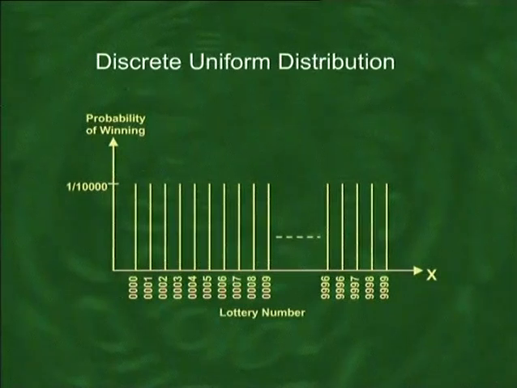Now, the line chart of this distribution is absolutely uniform because of the same reason that we have exactly the same probability for each lottery number. Because of the fact that the height of every line is equal, we can see that this is a perfect example of a discrete uniform distribution.